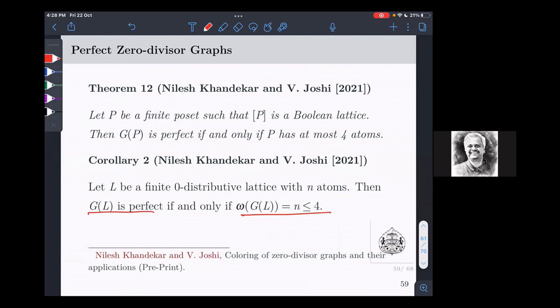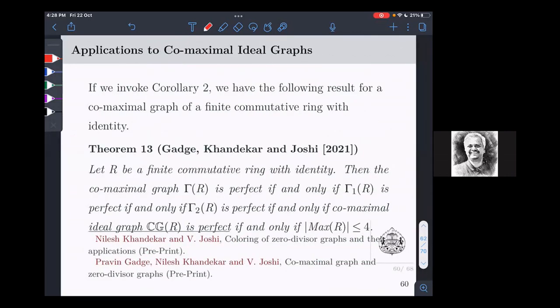Okay, and as I told you, atoms and maximal ideals are in 1-1 correspondence, that too in a zero distributive lattice I'm talking about. Naturally, what I'm getting is that gamma R, that is the co-maximal graph, is perfect if and only if its subgraph is perfect, if and only if gamma 2 is perfect.